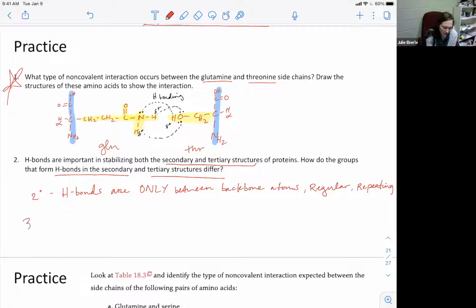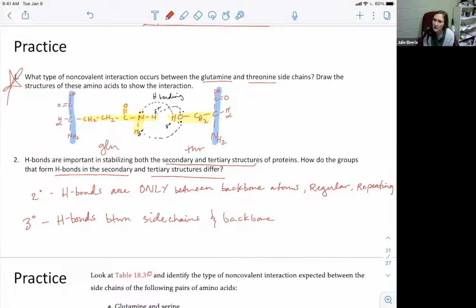For tertiary structure, hydrogen bonds, how are they different? Well, they can occur between side chains, and they can occur between backbone atoms. You could have hydrogen bonds just between 2 side chains.